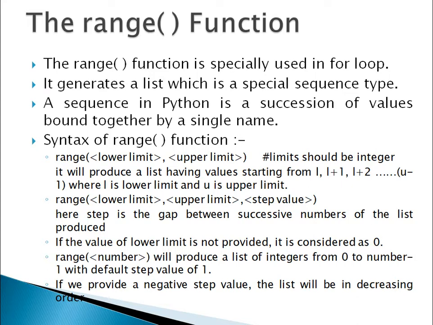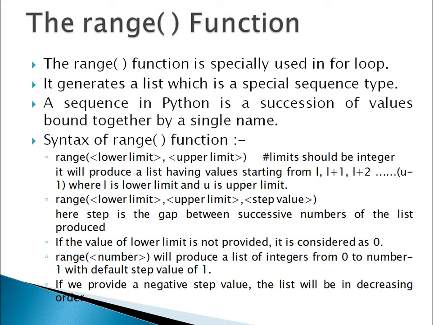So the output of the range function is a list of numbers or elements. A sequence in Python is a succession of values bound together by a single name. This you have also heard about in those lessons where we discussed the data types, that a sequence means a collection of values bound together and referenced by a single name.